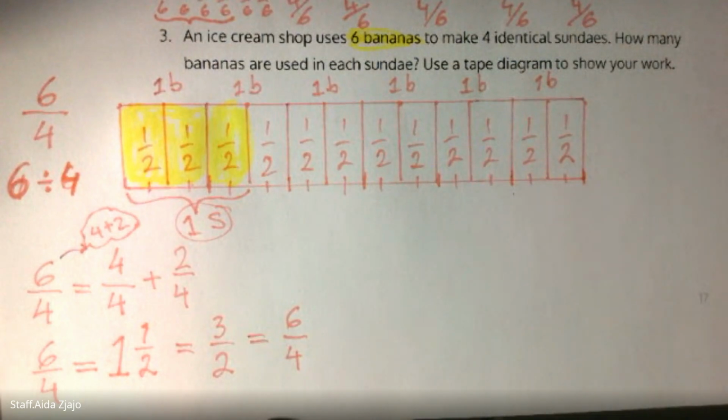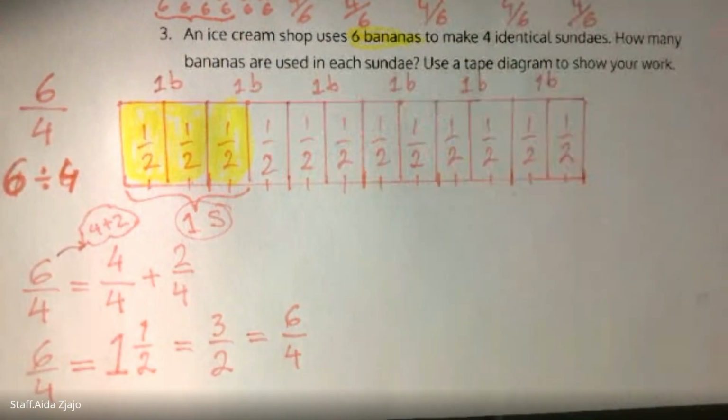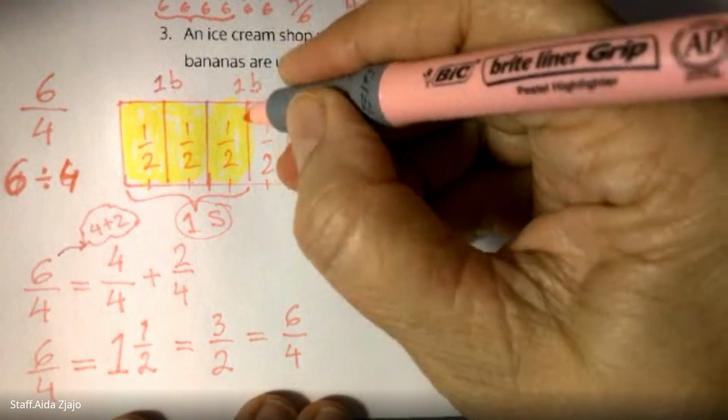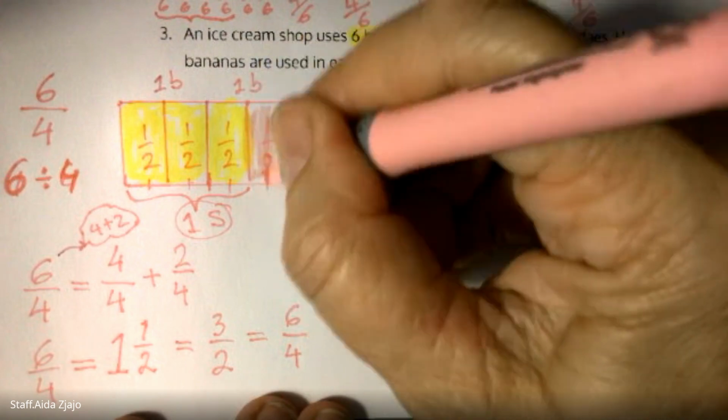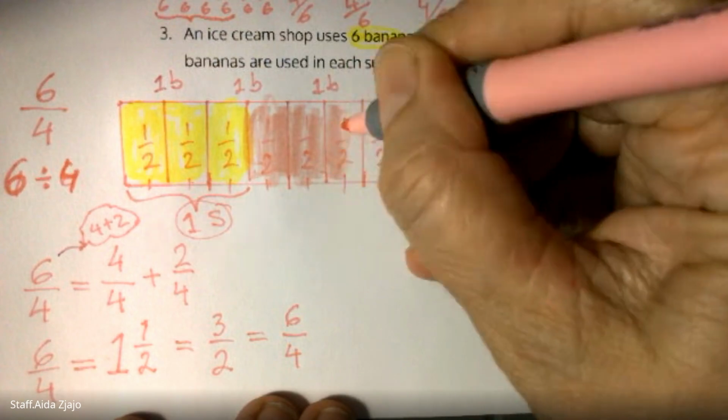Again, if I take a different highlighter, this one pink, maybe. Okay, I can take this half, and this half, and this half.